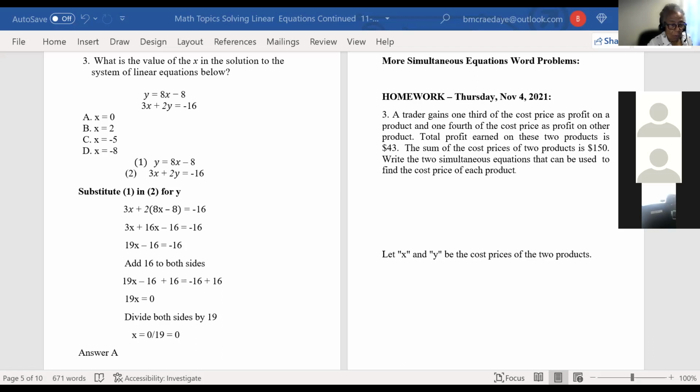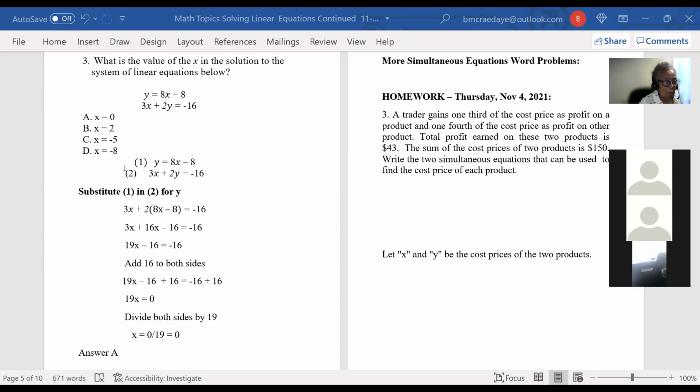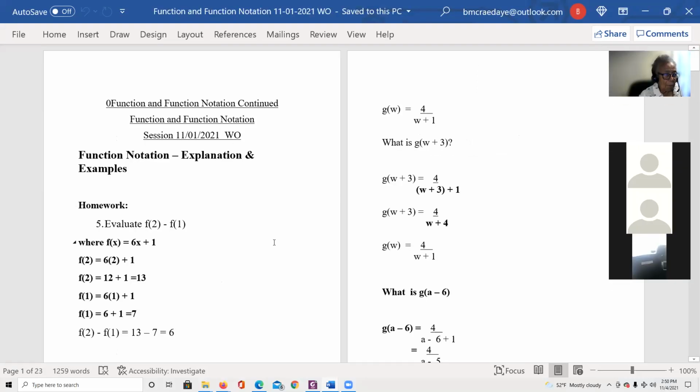Okay. Yeah, but if we can do the same linear, but not in word problem. Now you mean functions like substituting in for functions? Let's see. You have function notation there. Okay. Yeah, okay. All right.